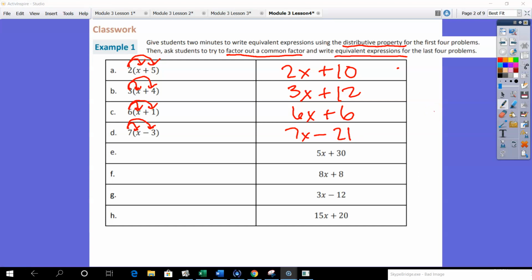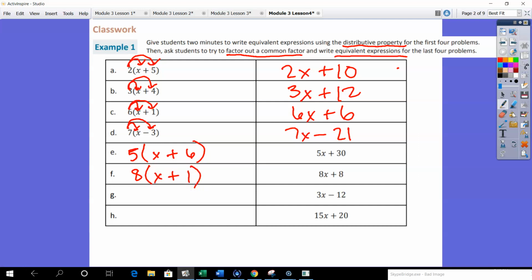Okay, so here we would have seen that 5 was the common factor. And then 5 times x is what gives me 5x, 5 times 6 gives me 30. So here the common factor is 8. So 8 times x plus 8 times 1.